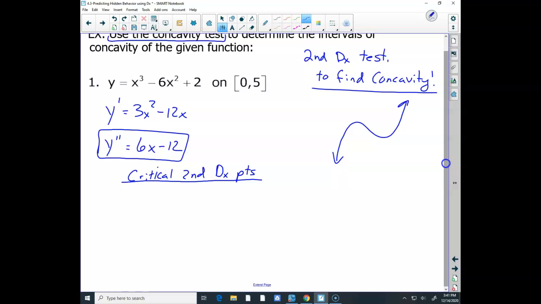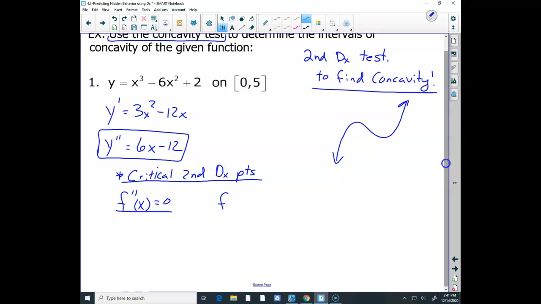And like I said, we're going to do this the exact same way that we did the first derivative test. So what I need to do is I need to find out when is f double prime of x equals 0. That's going to be a second derivative type critical point.